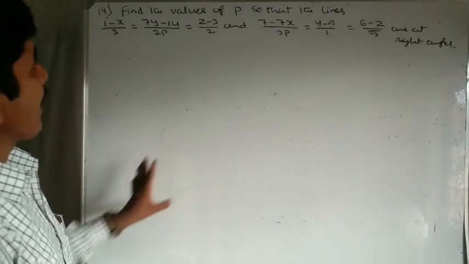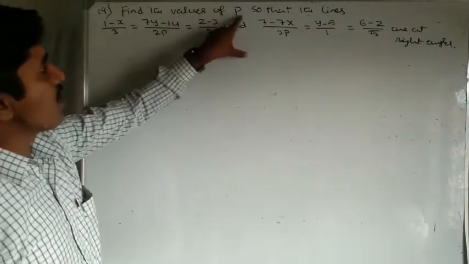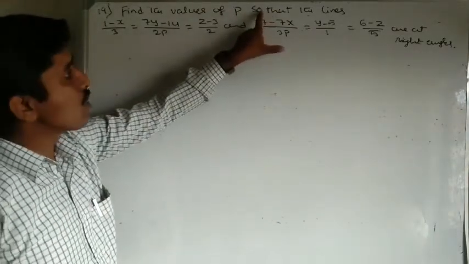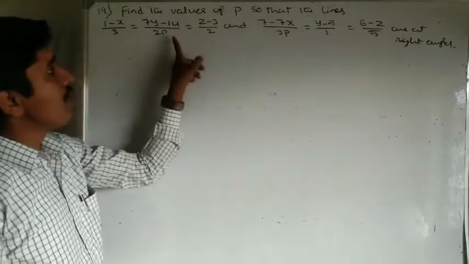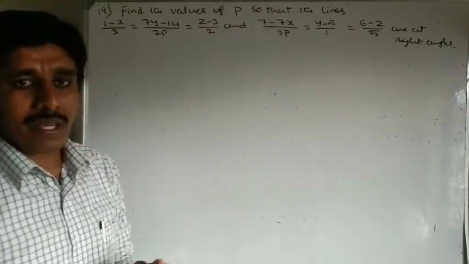So, at right angles means, find the values of p so that the given two lines are perpendicular.